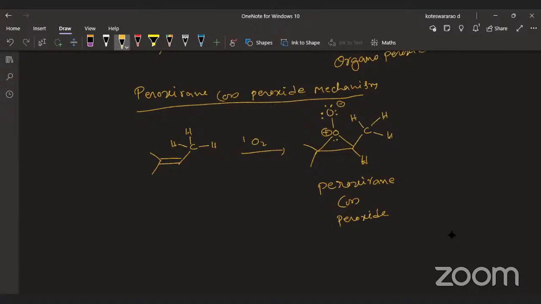Now, after the formation of this perepoxide intermediate, the intermediate can be isolated. The negative charge is donated here. Then the carbon hydrogen bond pair is donated here. Simultaneously, this carbon oxygen bond pair will go here to neutralize the positive charge. Then it leads to the product.